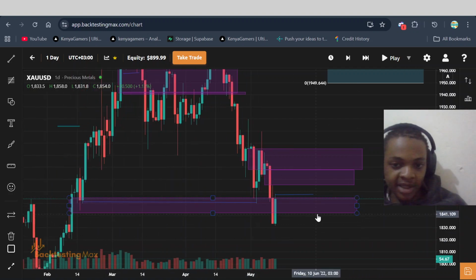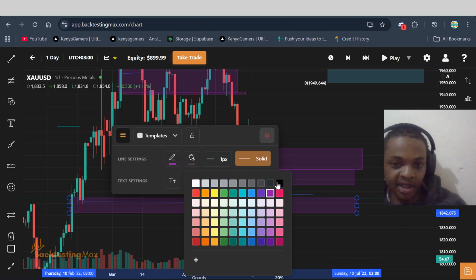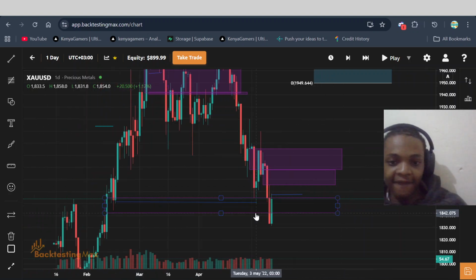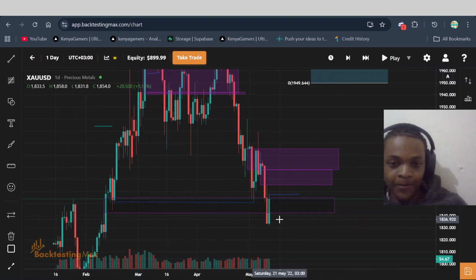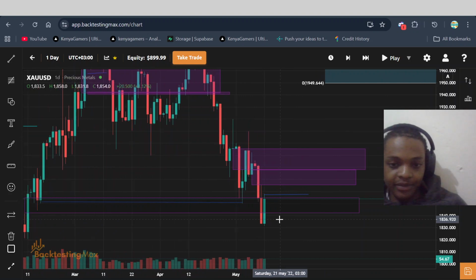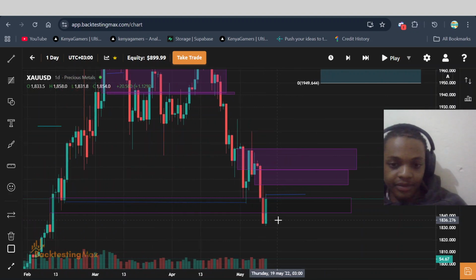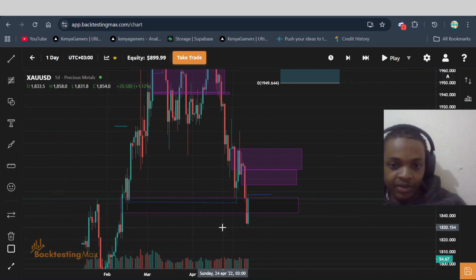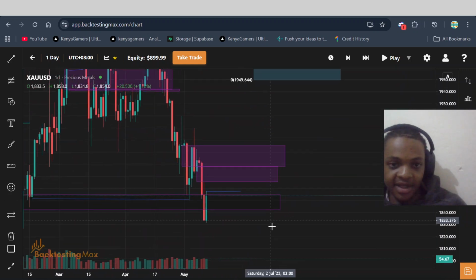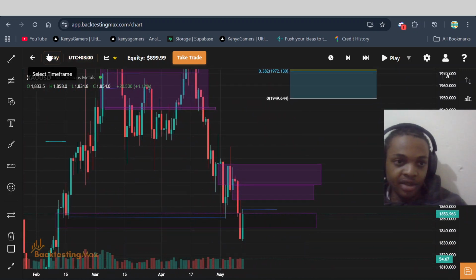That looks like it has been invalidated and becomes an inverse fair value gap. Yeah, the trend is definitely bullish.